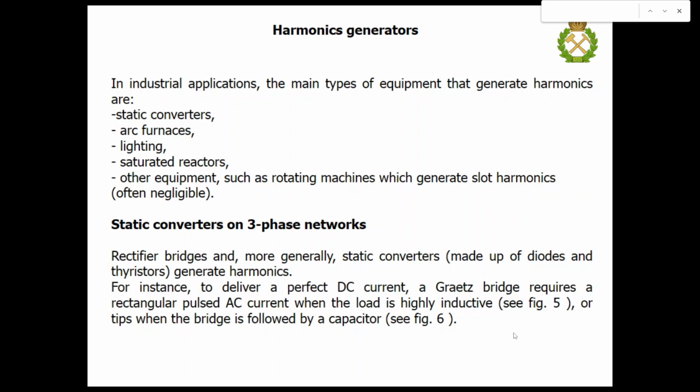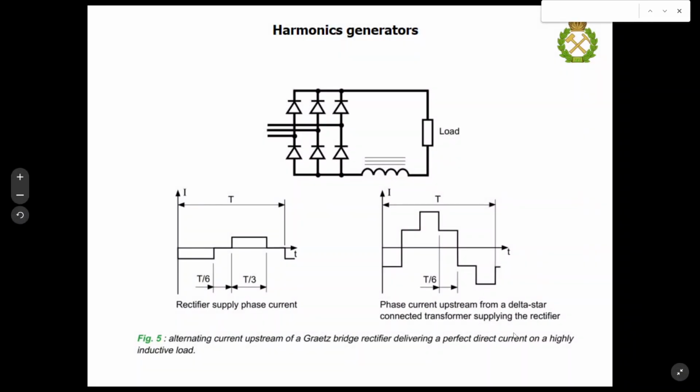The main type here is the rectifier bridge and, more generally, static converters. Here we may see some different configurations of such bridges, for example, Graetz bridges or some high pulse groups. Here you may see an example of such a structure.